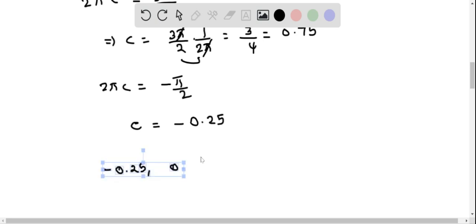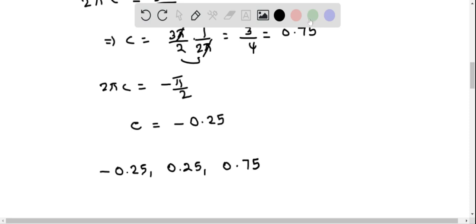Let me write this a little more clearly: negative 0.25, 0.25, and 0.75.